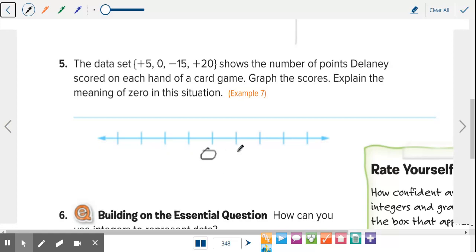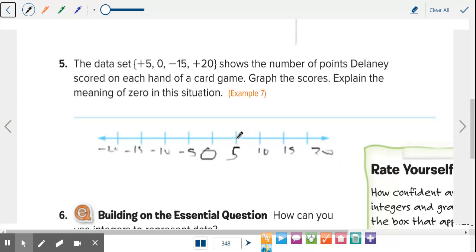Okay, so you did it by 5s. Perfect. So 5, 10, 15, 20. So that'd be -5, -10, -15, -20. That is perfect. There's nothing wrong with that. You can make a number line go by 5s, by 2s, by 3s, whatever you want to do. It's your number line. It's whatever makes it easier for you.